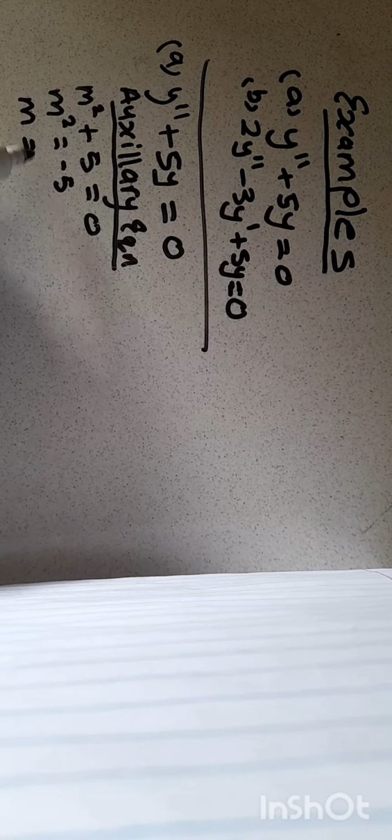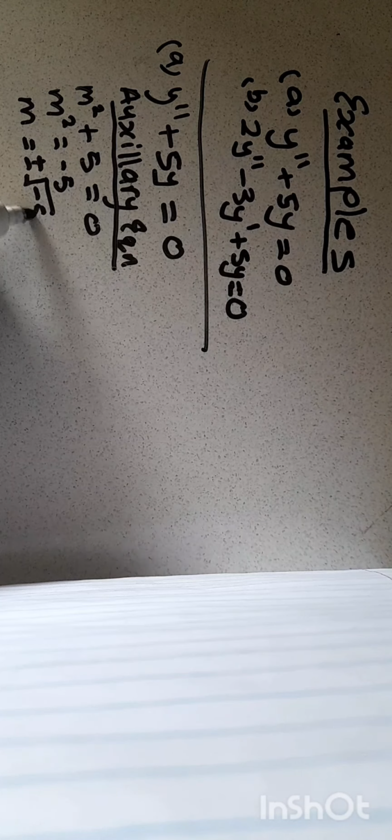This will be m equals plus or minus root of minus 5. Since root of minus 5 is a non-real, imaginary number, this leads us to the world of complex numbers, where this root is a conjugate complex root.